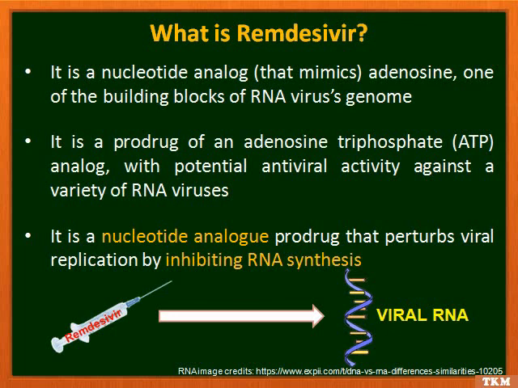It looks like adenosine, but in the true sense, it is not adenosine. It is a prodrug of an adenosine triphosphate analog with potential antiviral activity against a variety of RNA viruses. So it is a nucleotide analog prodrug that perturbs viral replication by inhibiting RNA synthesis.